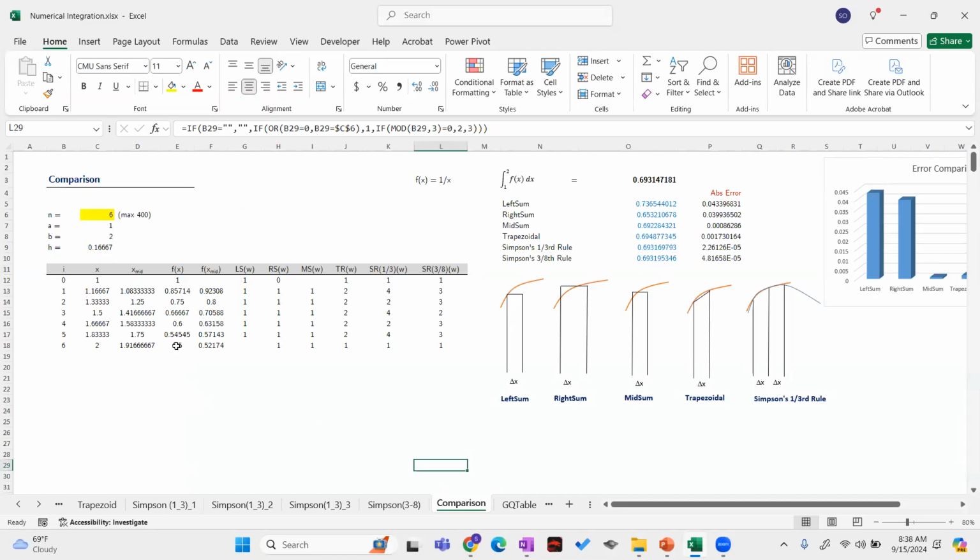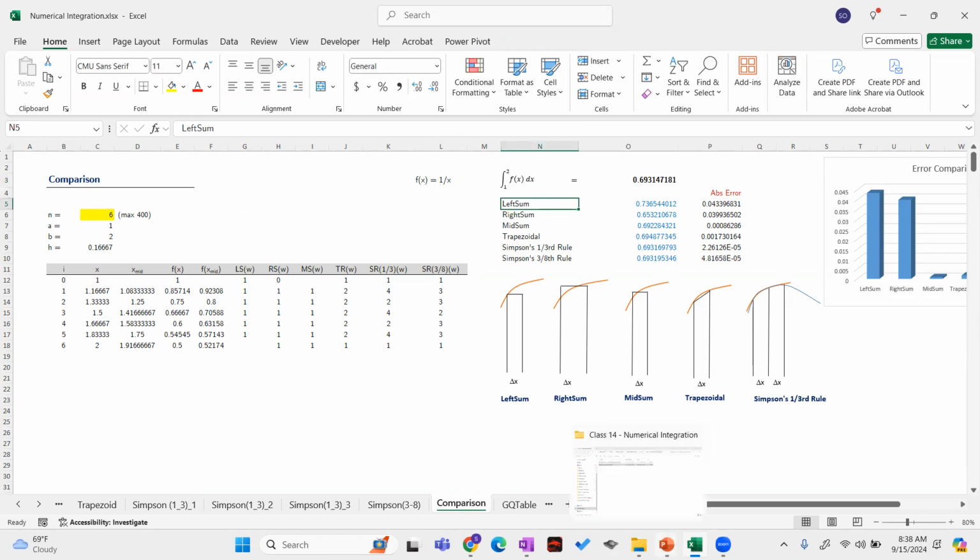And finally, there is a comparison that I've done for this particular integral. So our function is f of x equal to 1 by x. We know the integration of 1 by x dx from 1 to 2. What is the value?